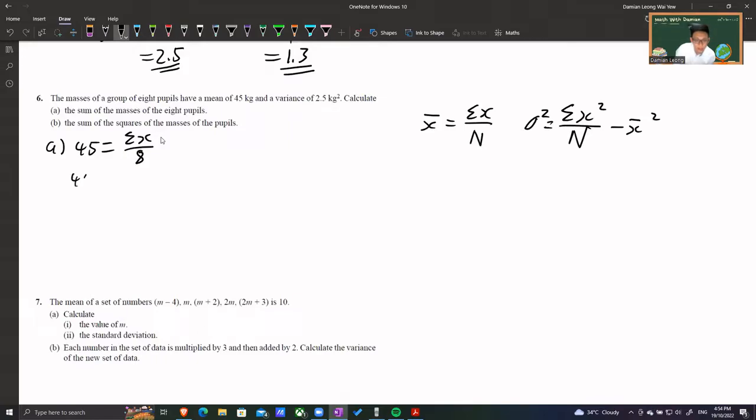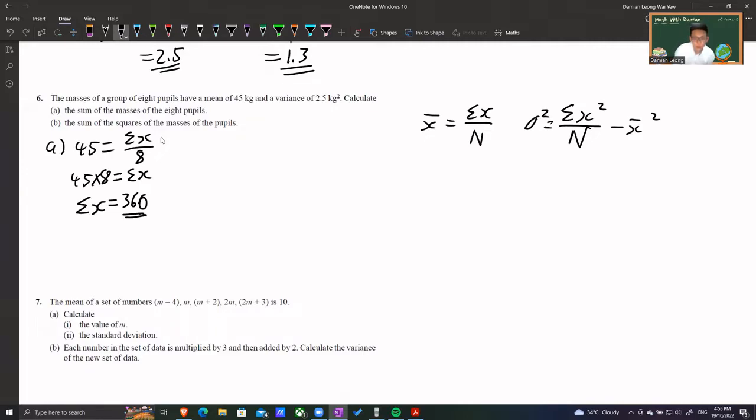So n is 8, means 45 times 8 is the sum of x. Sum of x will be 225. Okay, sorry, why did I times 5? Times 8. Times 8, so 360. Yeah.